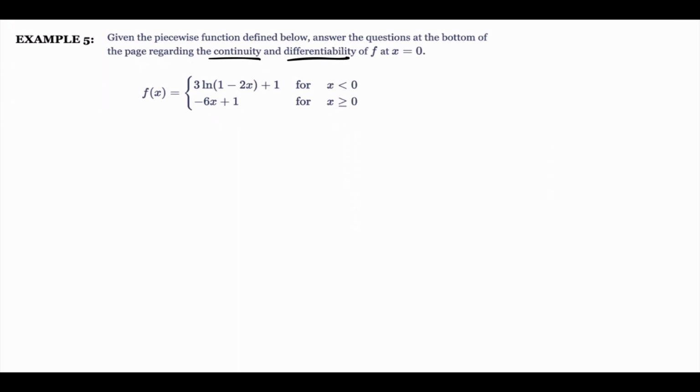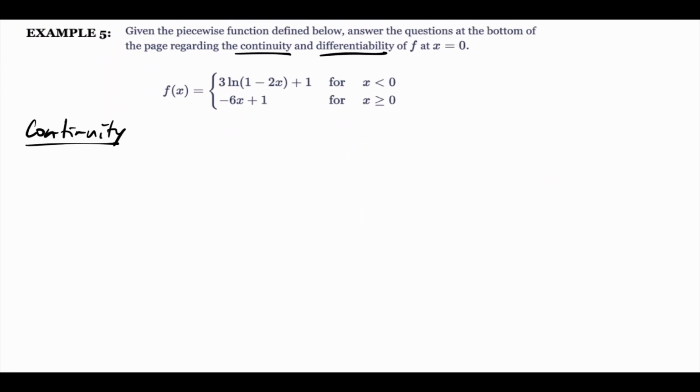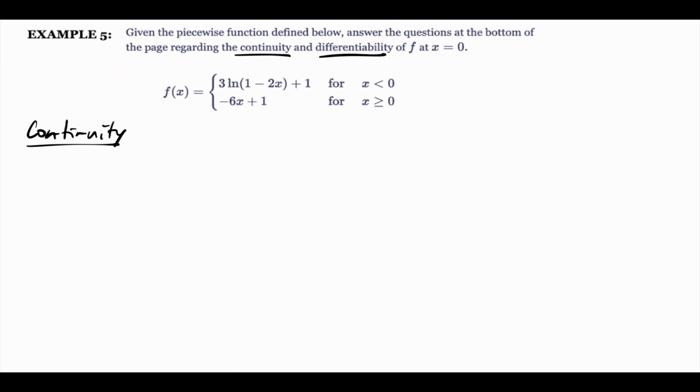All right, so let's start with continuity. Same thing we did last chapter. So where is the only place on f of x that I'm concerned about continuity? 0. That's the only spot I'm concerned about. So I'm going to check 0. Okay.